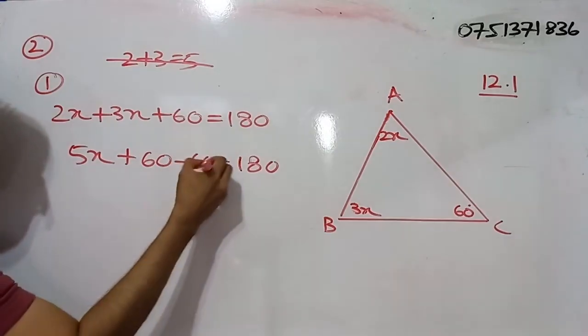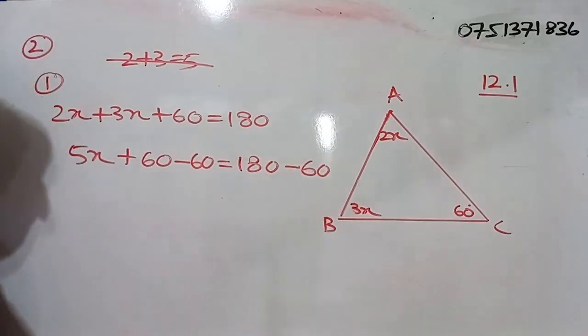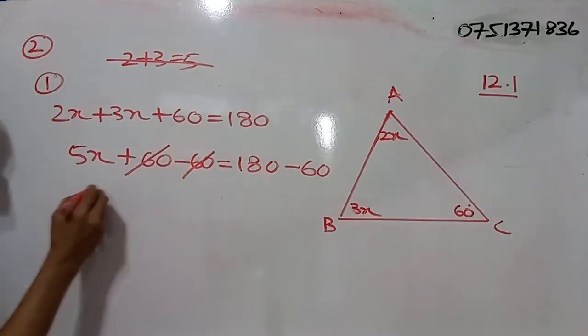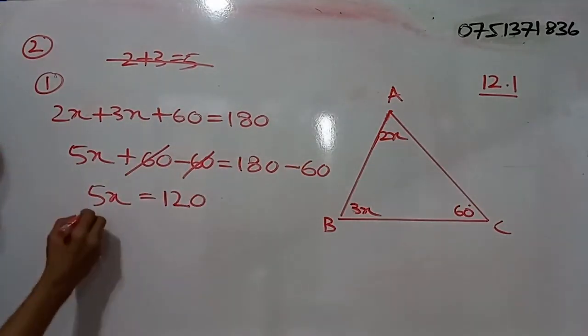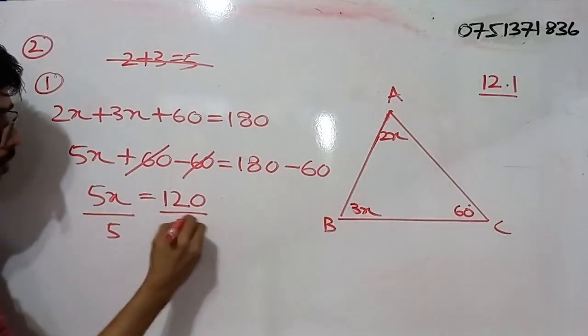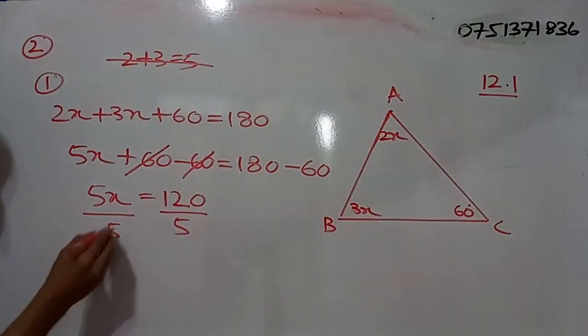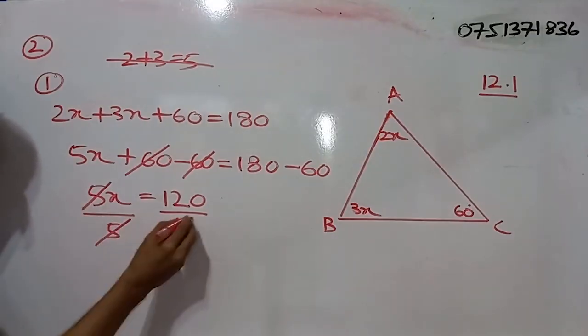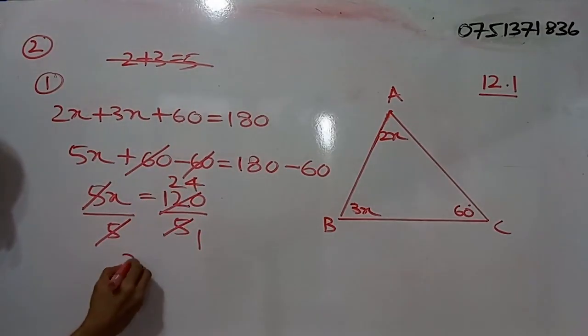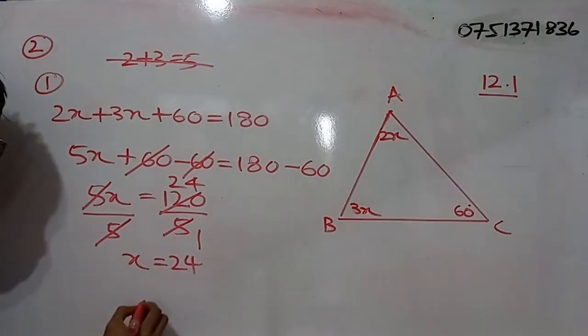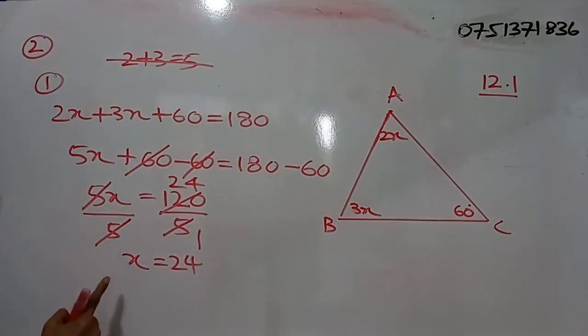So we subtract 60, do the same thing to the other side. So we can cancel out these two. 5x, that is equal to what? 120. Now we have to divide this side by 5, do the same thing to the other side. So 5 times 1, 5 times 2, 5 times 4. So x is equal to 24, but this is not the answer.